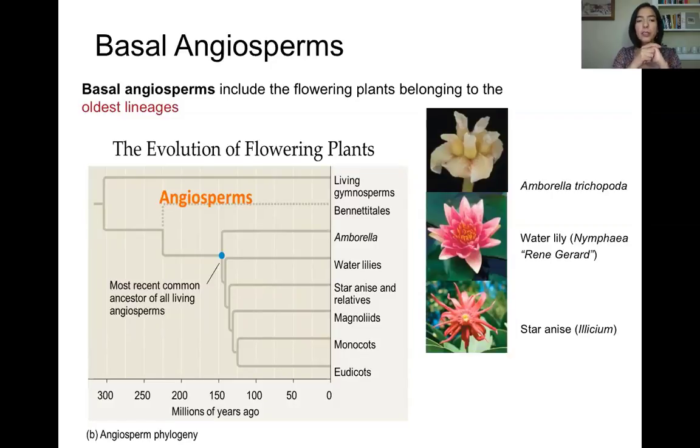So older lineages or early evolving lineages are Amborella trichopoda from New Caledonia, water lilies, such as the Nymphaea, and the star anise and other relatives of the genus Illicium. All of those are early evolving flowering plants, this lineage.